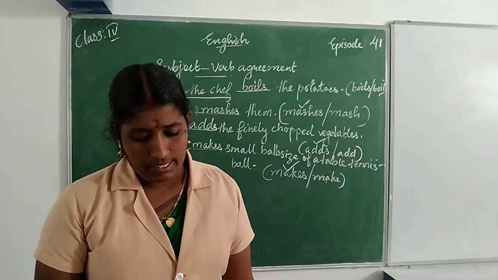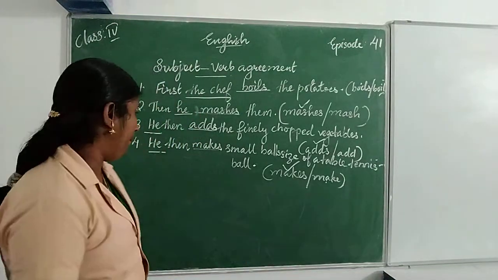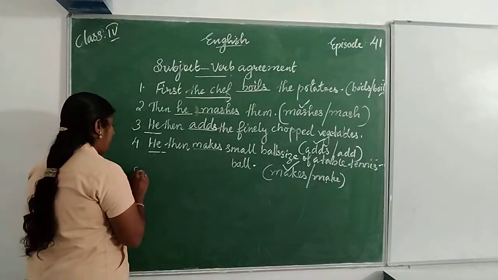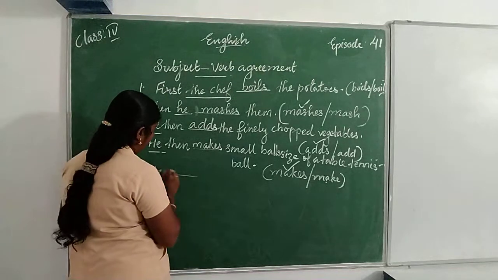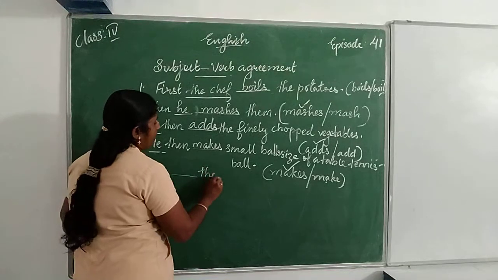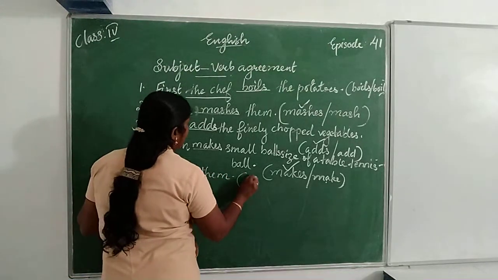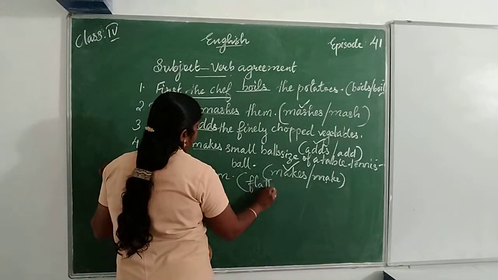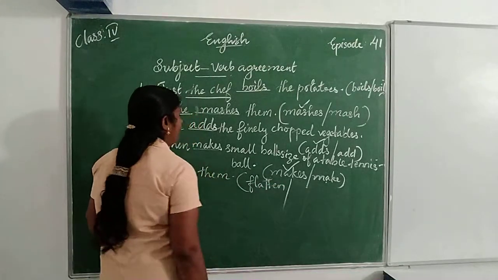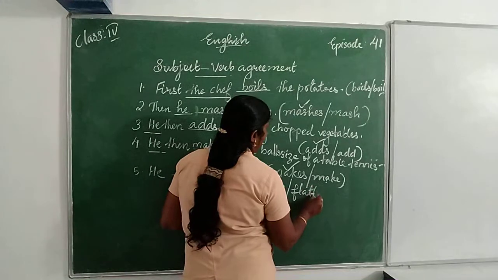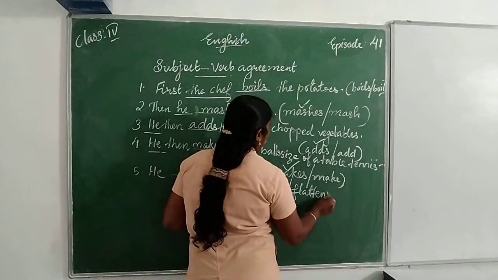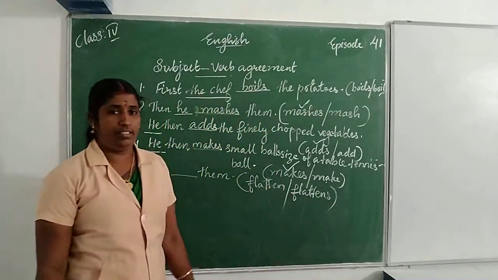Then the next one. Fifth one. He ___ them. The verb is flatten or flattens. The given verbs are flatten or flattens.